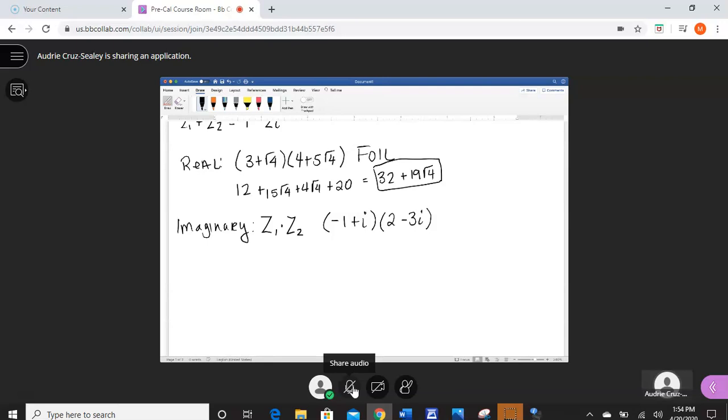So keeping up there what we did with the real numbers, I want you to do the same thing with the imaginary ones and tell me what you would get. Or type it in the chat if I'm not hearing your thing correctly.